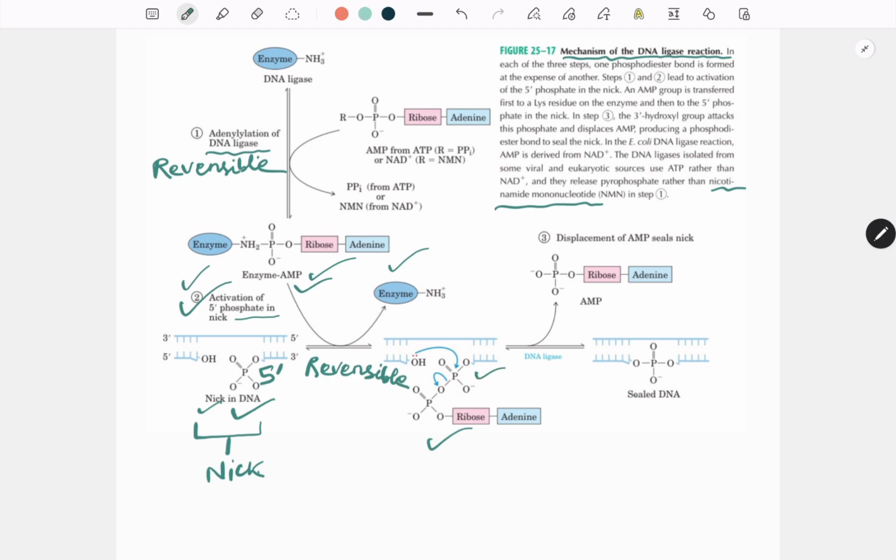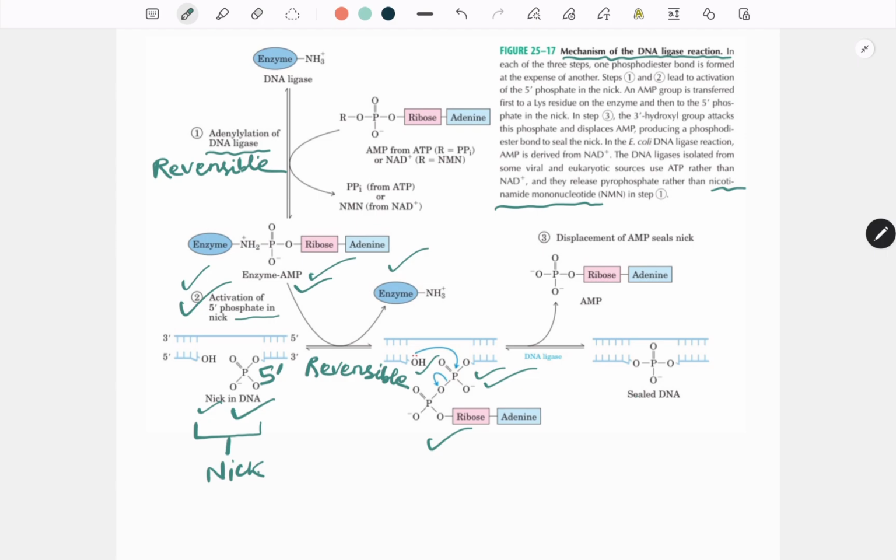group in the DNA. The 3' hydroxyl group generally attacks the phosphate group and displaces the AMP. As a result, a phosphodiester bond is formed. The phosphodiester bond generally seals the nick.